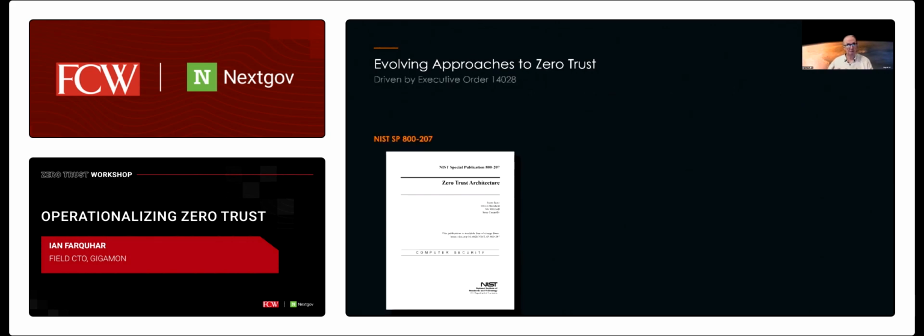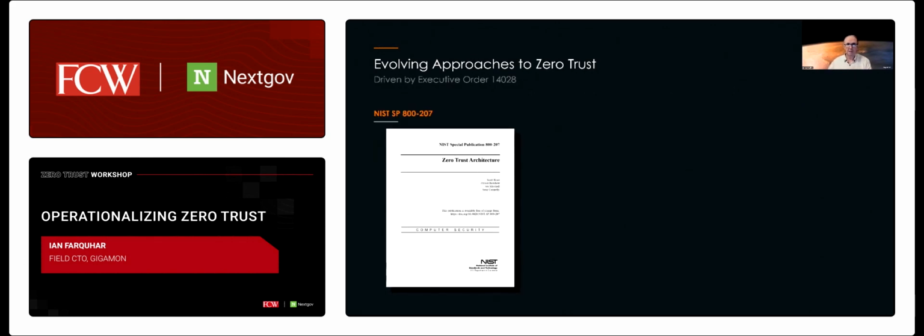We have NIST's very, very good NIST SP 800-207, the standard definitional document building on top of John Kindervag's 2010 work on zero trust to define what a zero trust architecture is. Even moving beyond US government standards, just looking at evolving standards for zero trust around the world, this document is the cornerstone of everything. It is a very, very impressive document and worth reading.